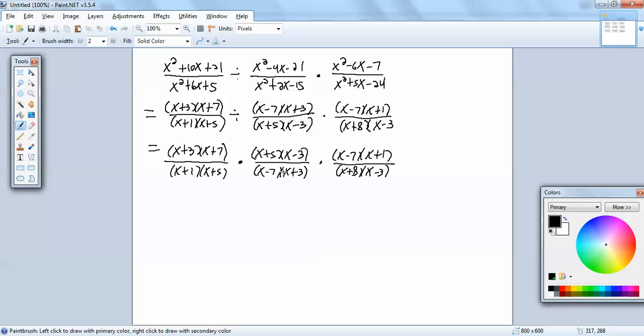Okay, and then you start canceling. The only guideline is one's on top, one's on the bottom, they're the same. Here's an x plus 3, here's an x plus 3. Here's an x minus 7, here's an x minus 7. Here's an x minus 3, here's an x minus 3. Here's an x plus 1, here's an x plus 1. X plus 5, x plus 5. And that looks like it. So we're left with an x plus 7 on top and an x plus 8 down below.